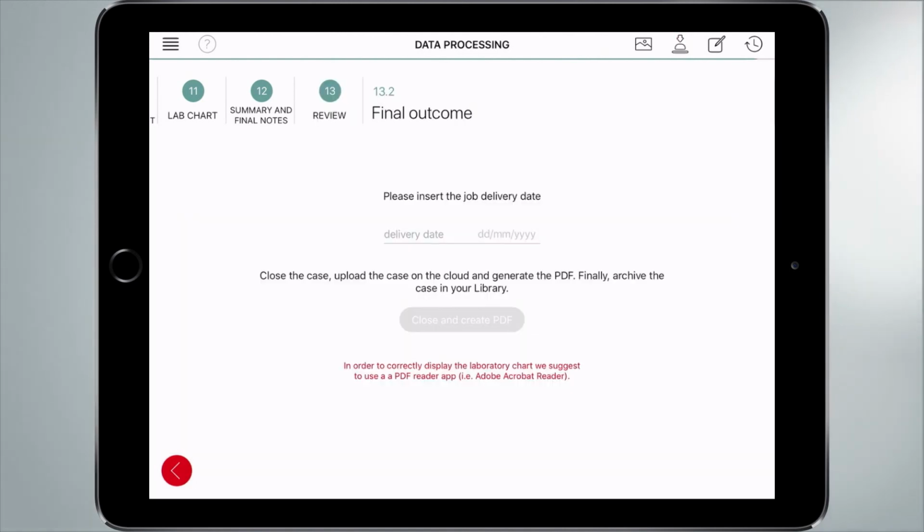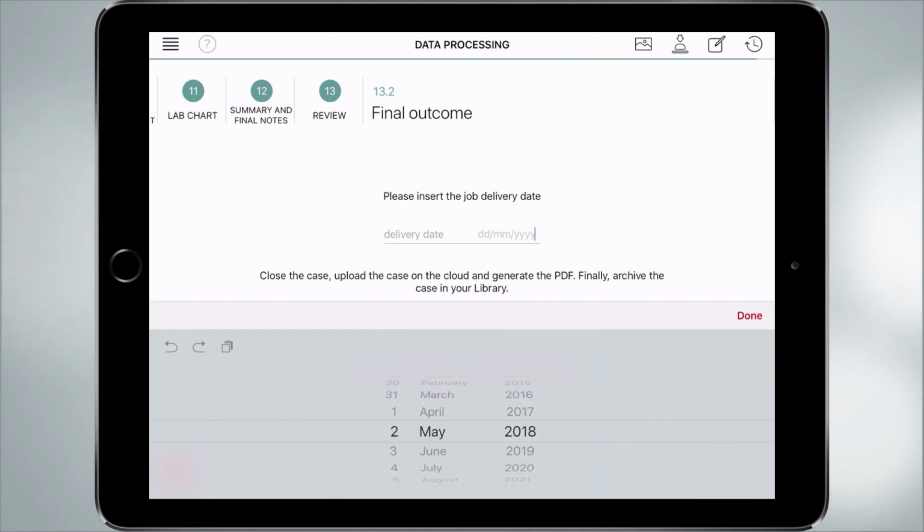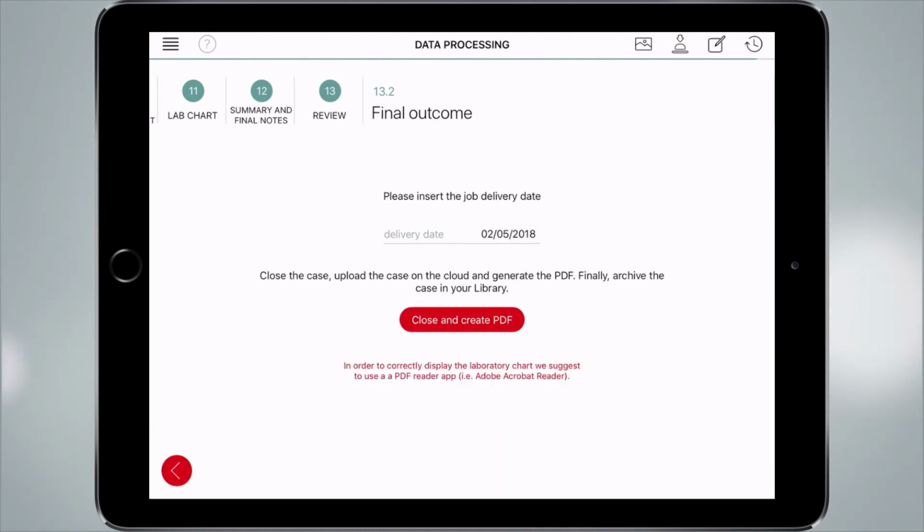So now, final outcome, we can put the date, and we can also click the red button to have the PDF. But before doing that, remember that you have to use a reader like Adobe Acrobat Reader. That will be the best way to do it. So we press this and upload the case.